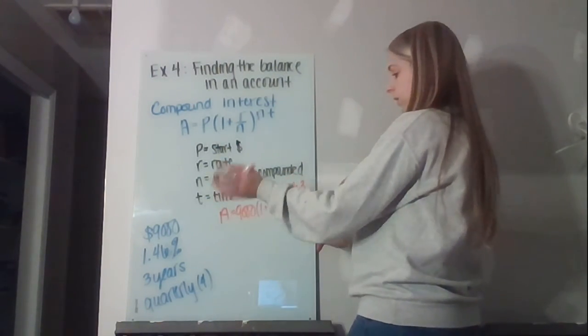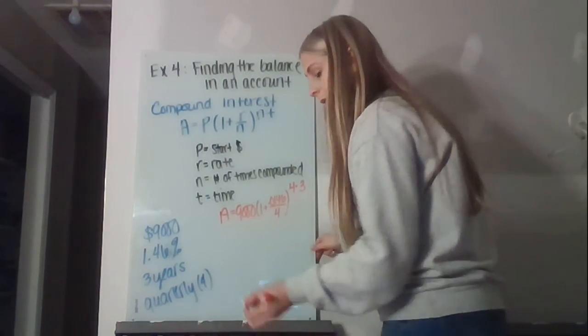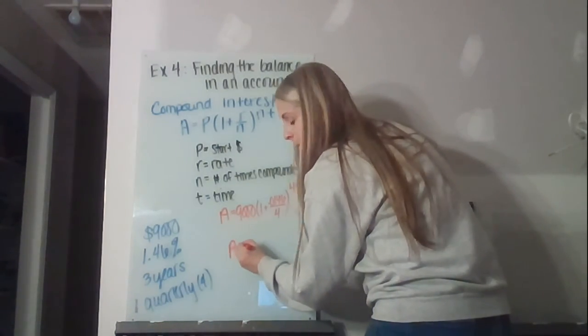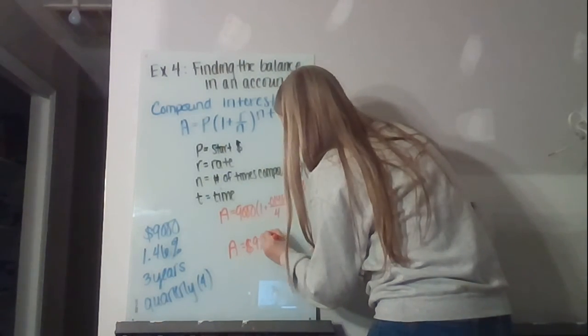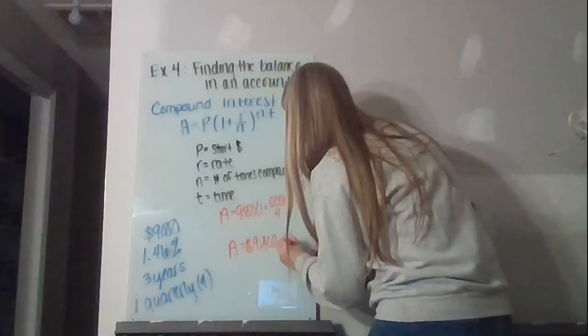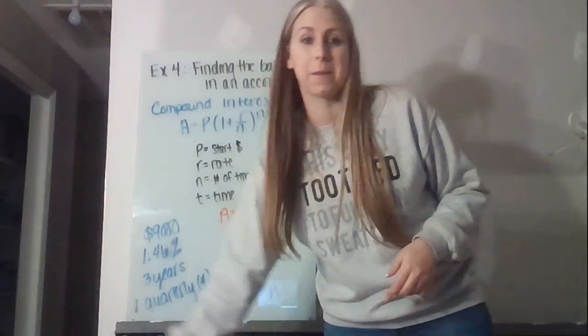So you can simplify, or you can just plug it into the calculator just like that. When you plug it into the calculator, you should get $9,402.21. So $400 in 3 years just in interest isn't bad.